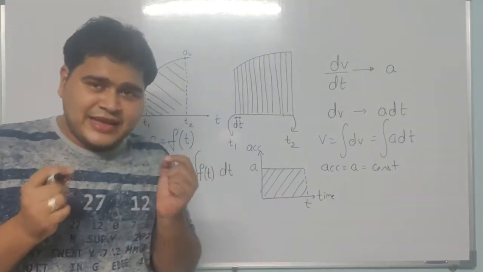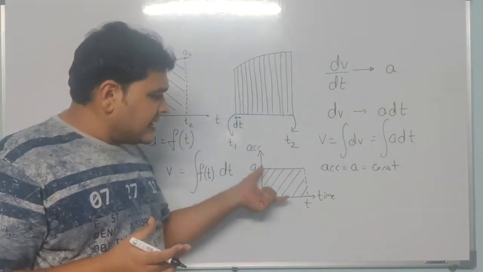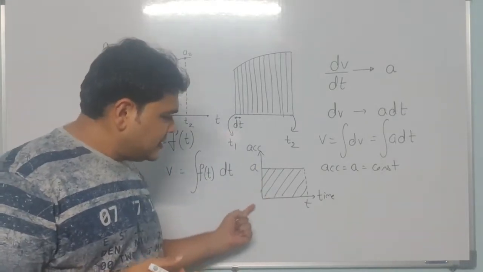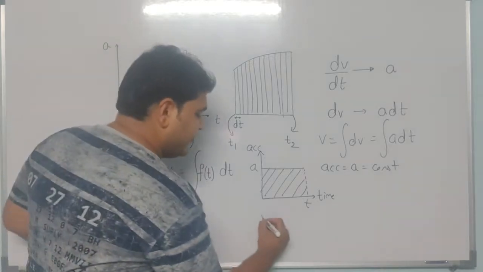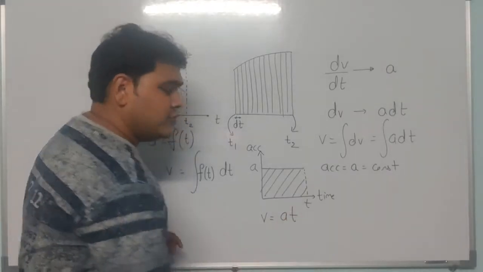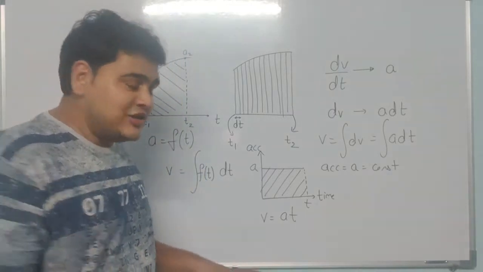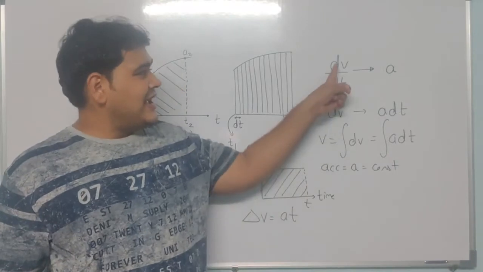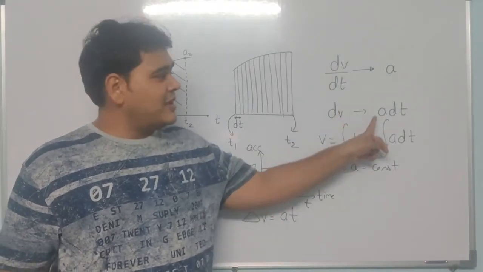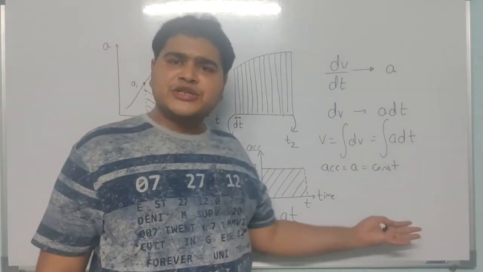I don't know the practical value, but I just know it's some time t. So can I say the area under the curve is going to be length into breadth, that is a into t, which means velocity is going to be a into t. And that's actually not going to be the velocity, but actually it's going to be, yes, the change in velocity. Like I got the change in velocity from a into dt. Correct?